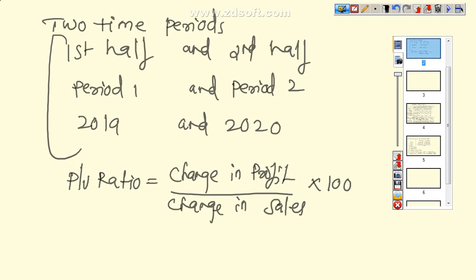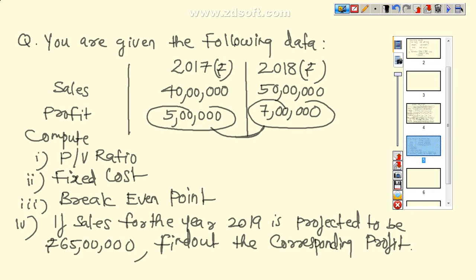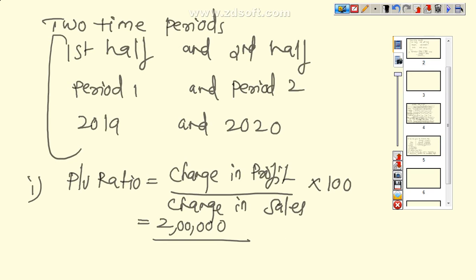Change in sale: 40 lakh and 50 lakh, so the difference, that is change, is equal to 10 lakh. So 2 lakh upon 10 lakh into 100 is equal to 20%. That is our first answer.